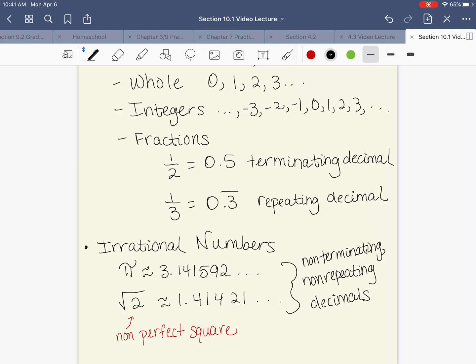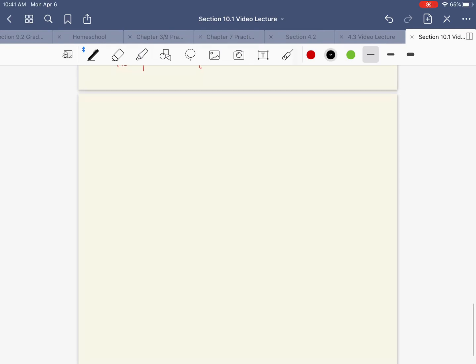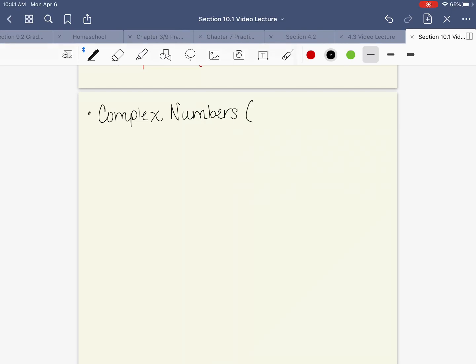Okay, and then anything that is not a real number is a complex number. So we also call these imaginary or non-real.